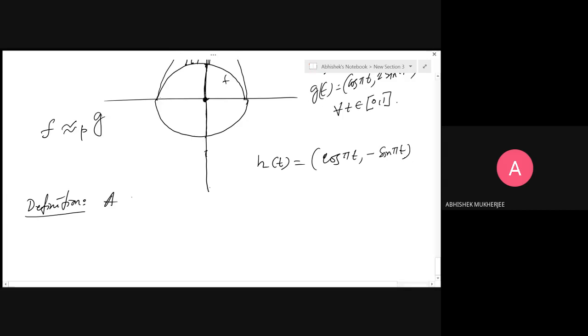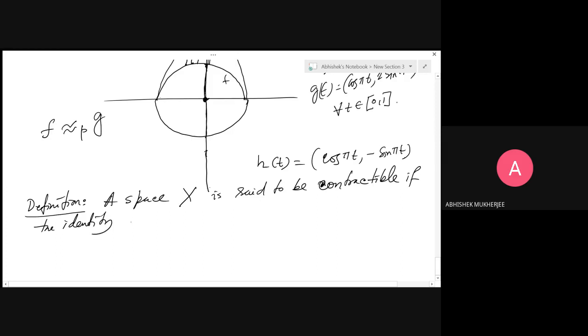A space X is said to be contractible if the identity map from X to X is null homotopic.